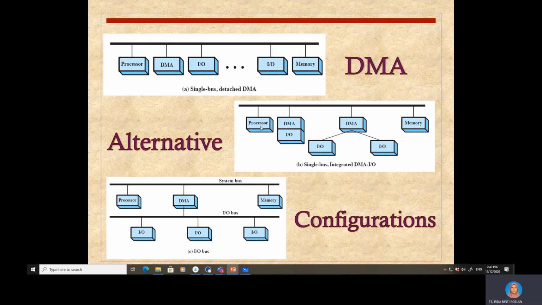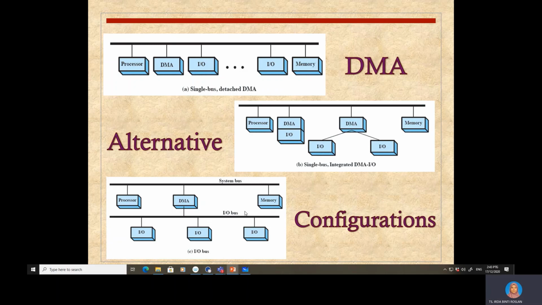As you can see here, there is a path between the DMA module and one or more I/O modules, and it does not include the system bus. The I/O is not included in the system bus. It is under the DMA itself. So this is the concept of integrated DMA I/O. You can also have another type of configuration where there is another bus called the I/O bus, especially for I/O only, centralized under DMA.